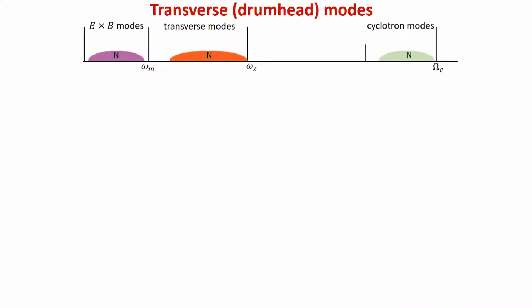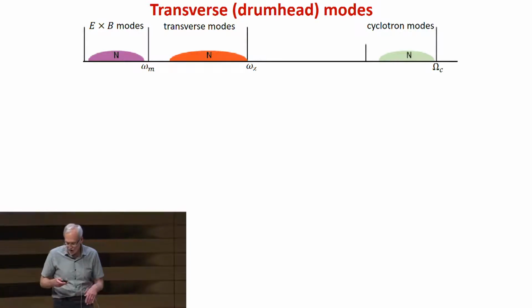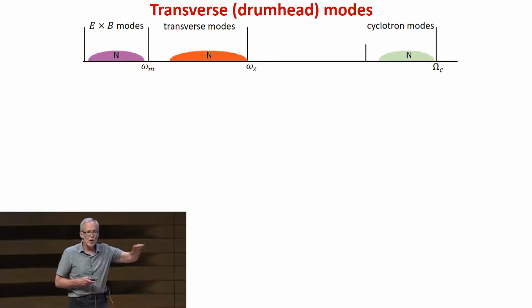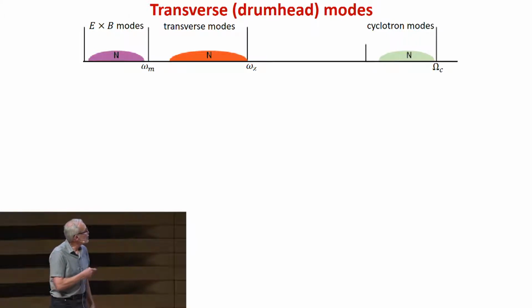The other degree of freedom we have to play with in trapped ion experiments is the motional degree of freedom. If we have an N-ion crystal, there are 3N normal modes. For the single plane crystals that I'm talking about, those modes break up into 3 bands: high frequency cyclotron modes, and low frequency E cross B modes that describe motion in the plane of the ion crystal. And we use spin dependent forces to couple to these transverse drumhead modes.